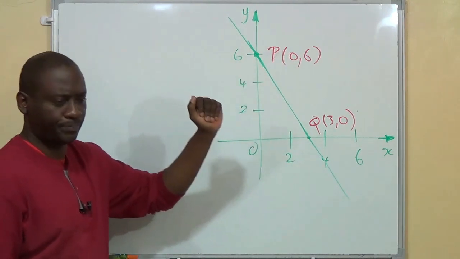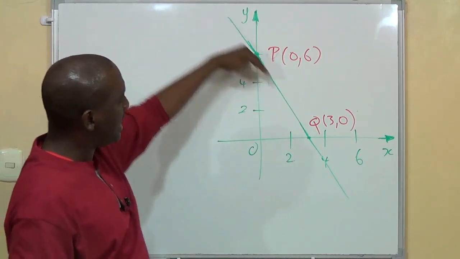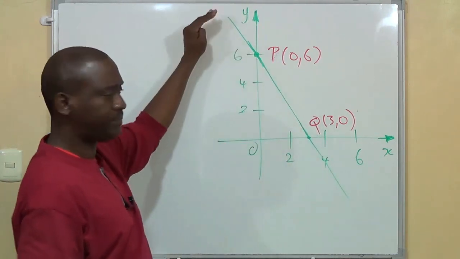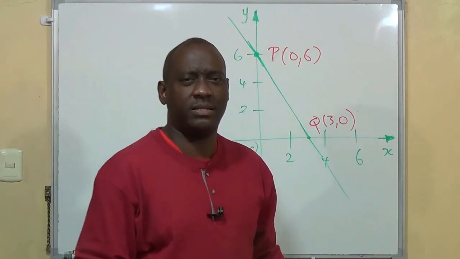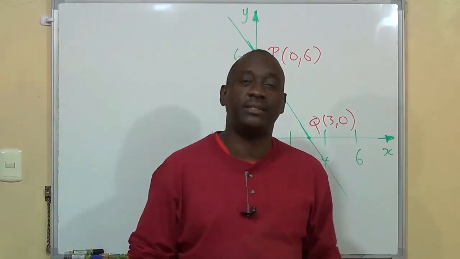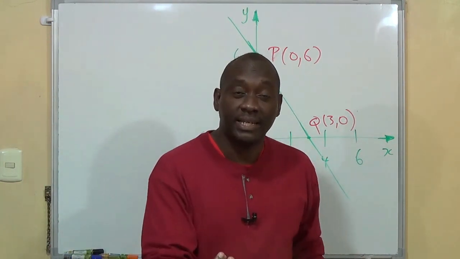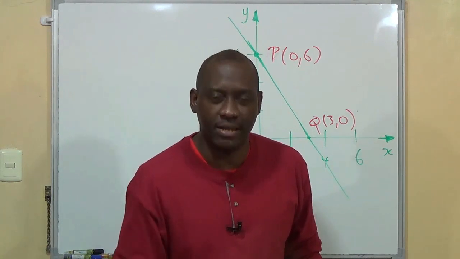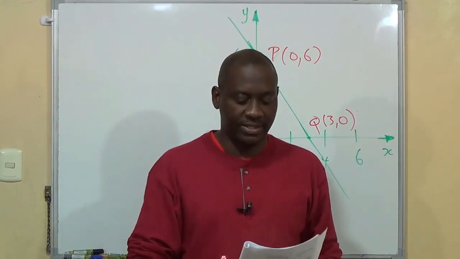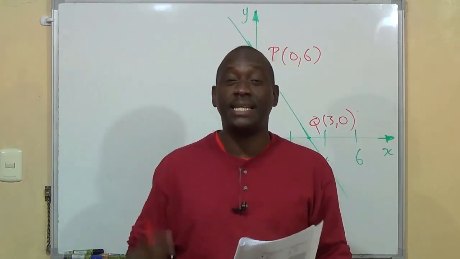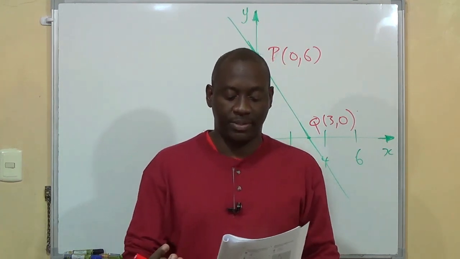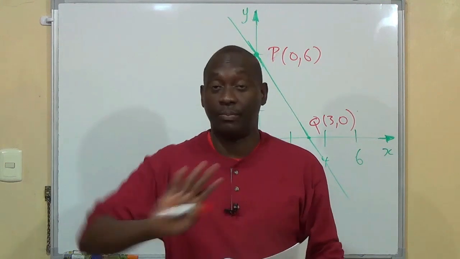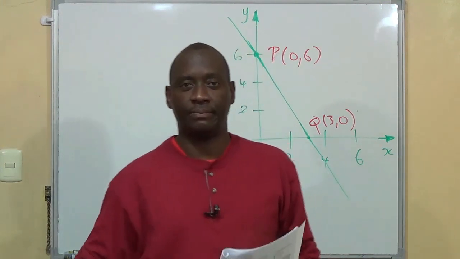Now, from the time you see a line slanting like this, before you even pick up a pen or a pencil to write anything or to shade anything, you know immediately that the gradient is negative. So that means in a question like this, you could immediately rule out A and B as answers, because A is +2 and B is +0.5. Boom, out of the picture immediately.